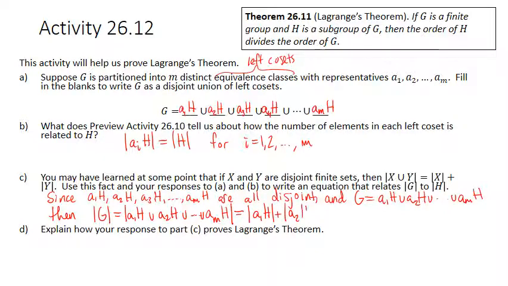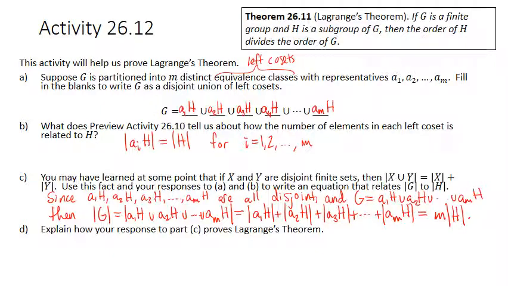Each part of the union, we're just adding its order up. And then each of these individual orders is equal to the order of H, right? So what we've really got here is just M times the order of H. Does that make sense to you guys?